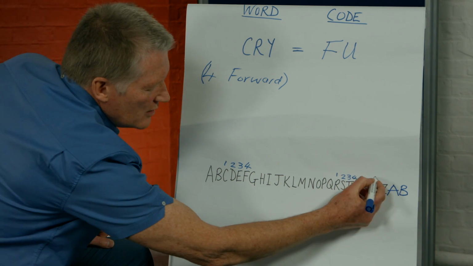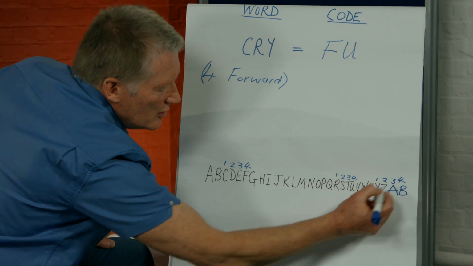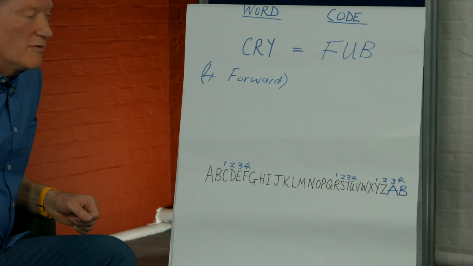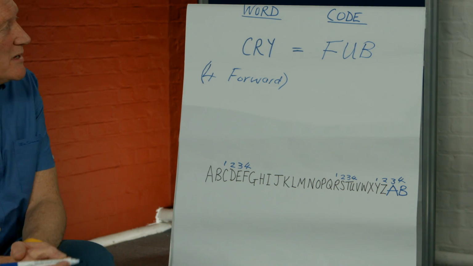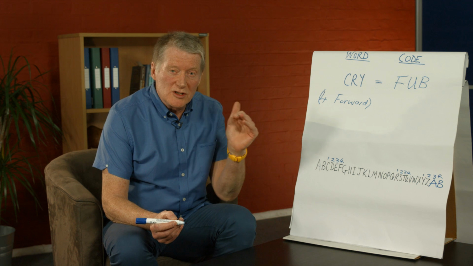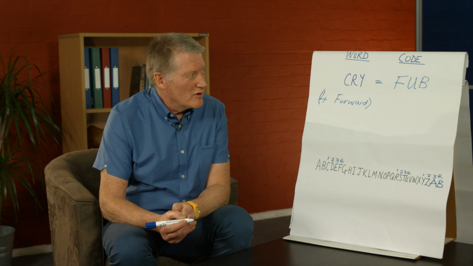And Y, 1, 2, 3, 4, giving us a B. So the code for the word cry is FUB. So that's one going word to code. Let's do one going the other way now, going from a code back to a word.